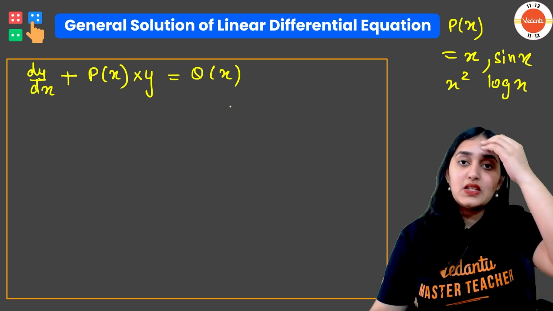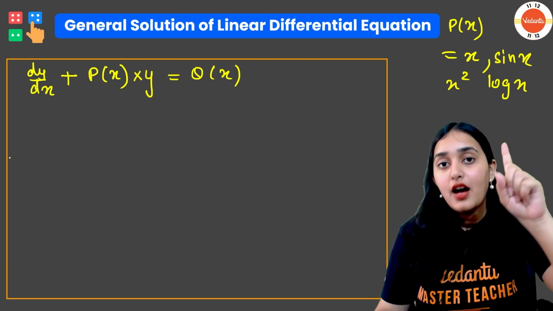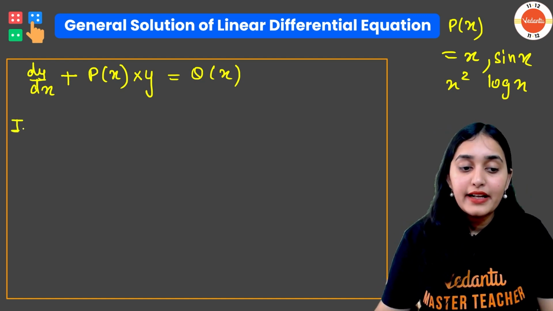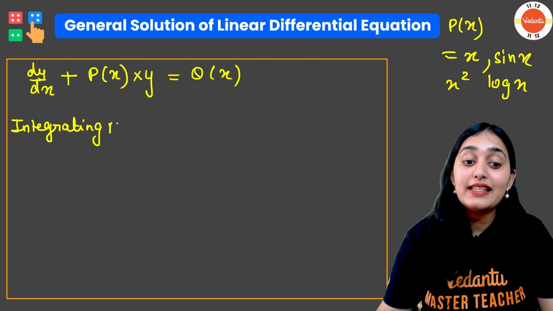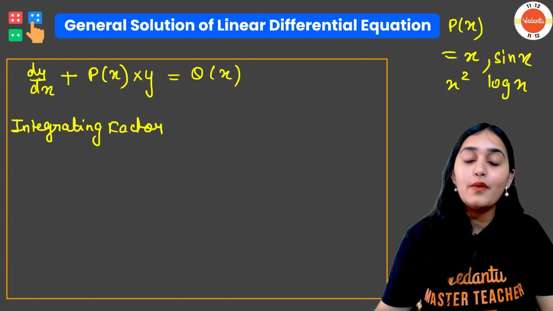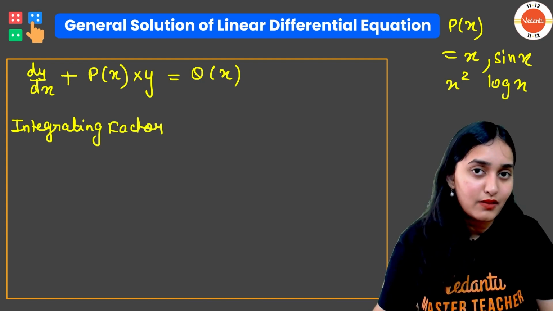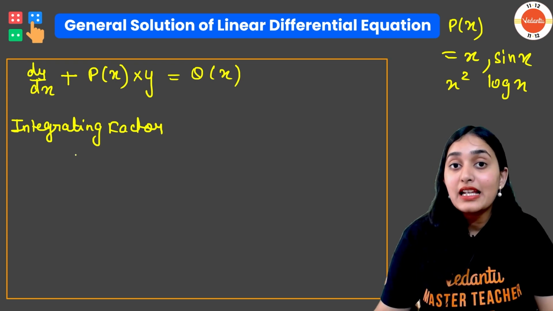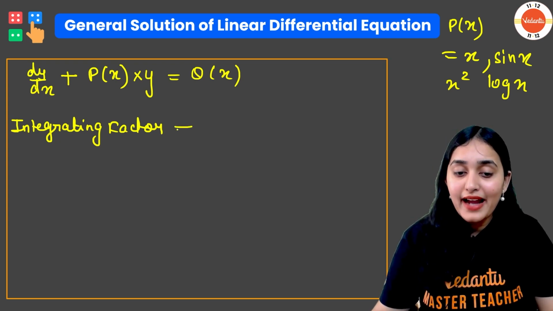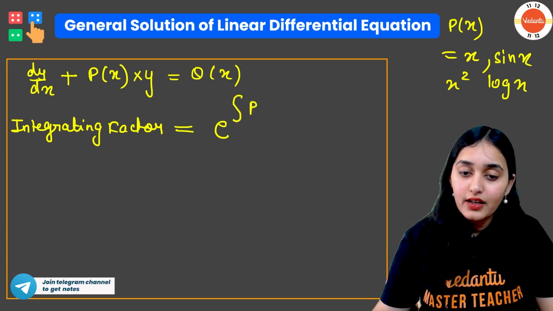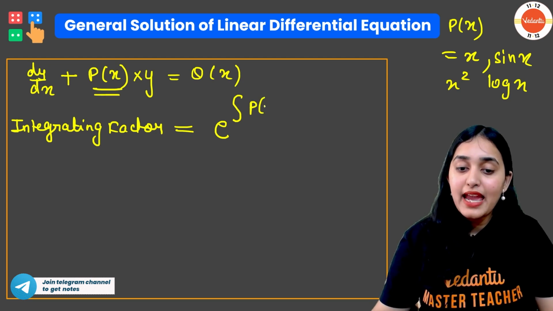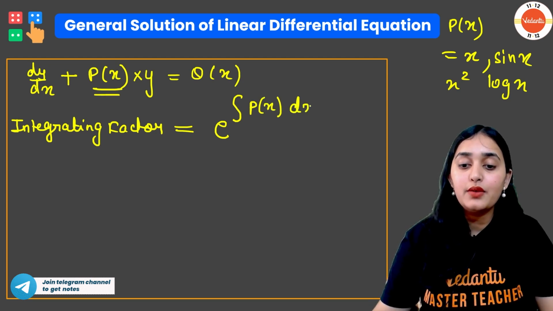If your equation is in this form, step number 1 is to find the integrating factor. This is asked in questions many times in previous year question papers. It is asked, what is the integrating factor? Integrating factor is e to the power of integration of this p of x function with respect to dx.